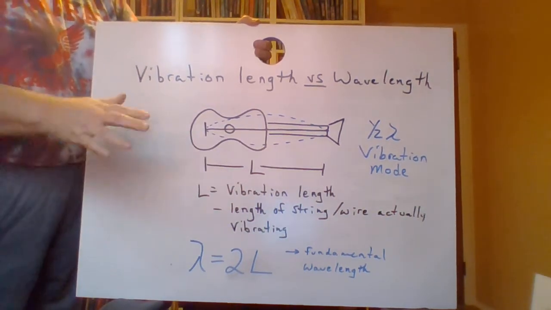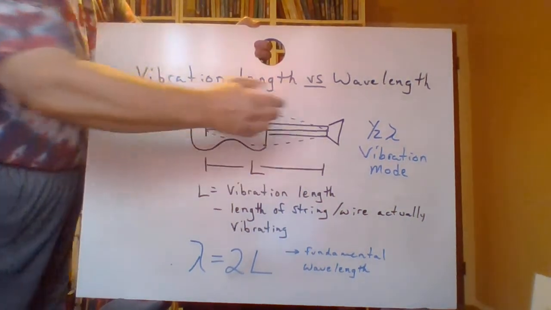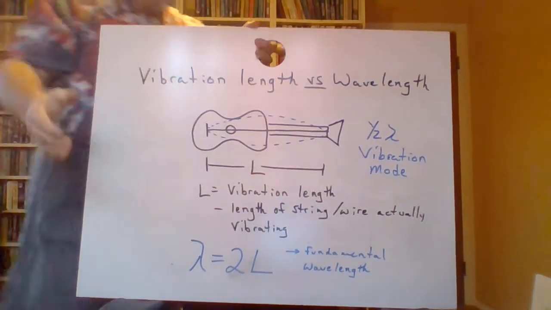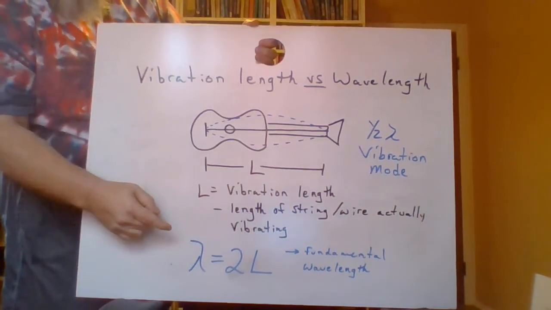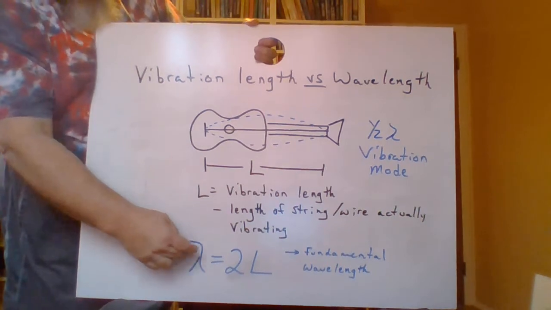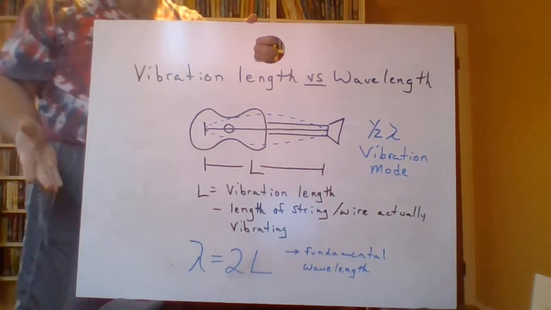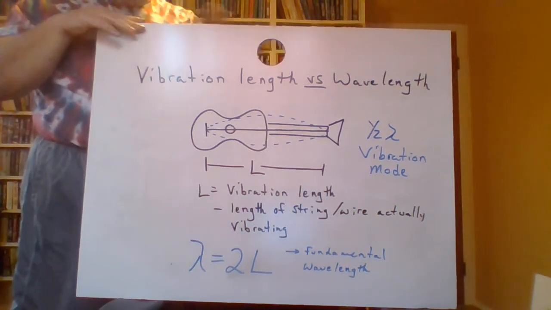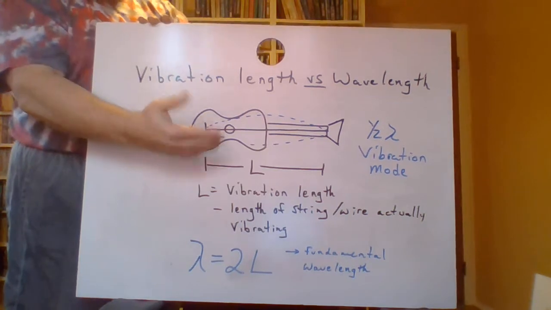Okay? The vibrational length is not the wavelength. The vibrational length is the physical dimensions in which the material can vibrate. Okay? So, fundamental frequency happens at a wavelength that is twice the length of the vibrational length of the instrument. Okay? That's why ukuleles have a higher sound than guitars in general.